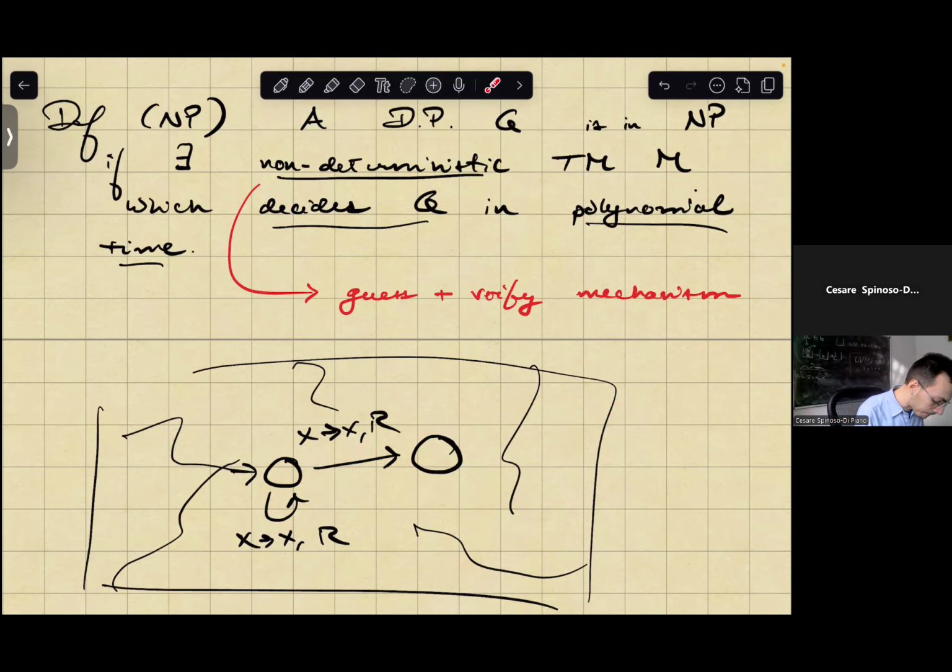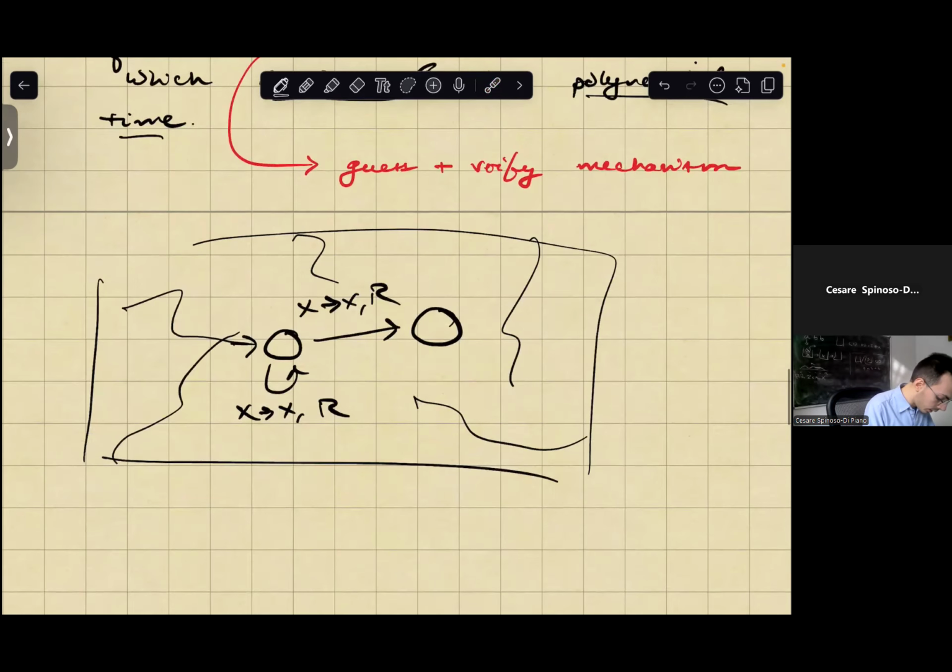And the important thing, in a non-deterministic Turing machine, is that if a correct guess exists, then what you should be assuming the Turing machine M is doing is that it's always getting extremely lucky and getting the right guess. This is a very important point.